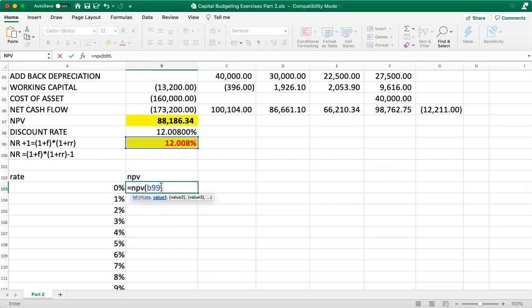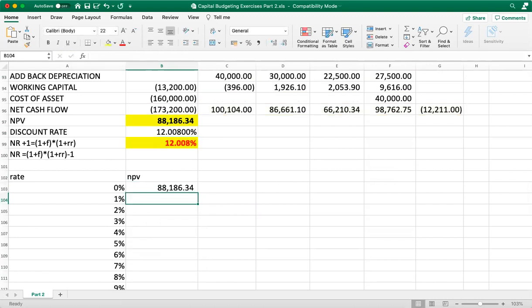So comma, then C96, it has picked it correctly, up to G, plus the initial investment, which is this figure of 173,200, which is B96. So B96. Enter, and you have 88,186.